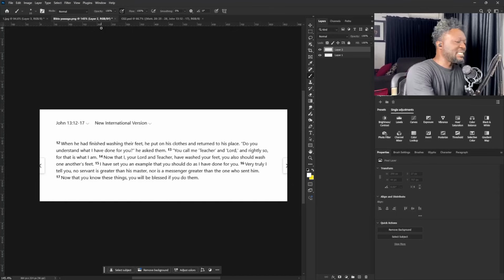Now, looking at this Bible passage here, I want to know the smartest person here. With this Bible passage, what type of illustration do you think is best for this artwork, using this Bible passage that I have here on my screen?